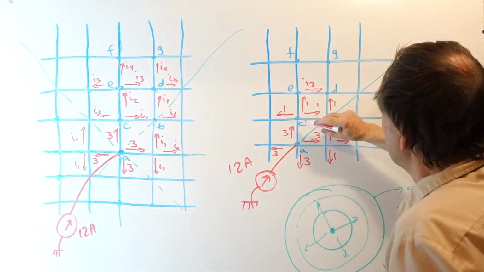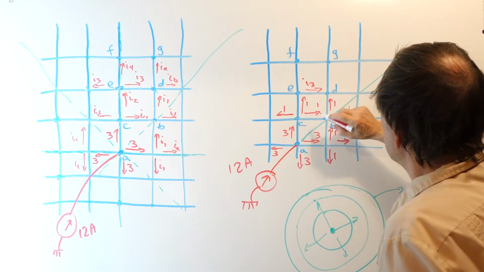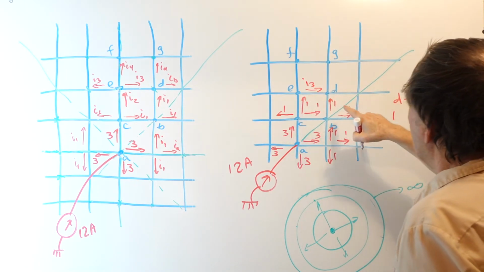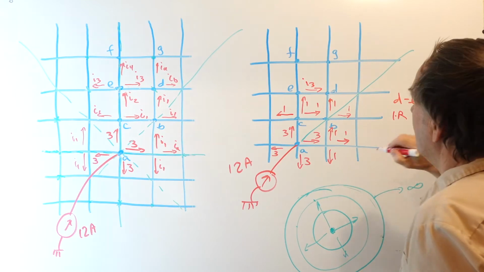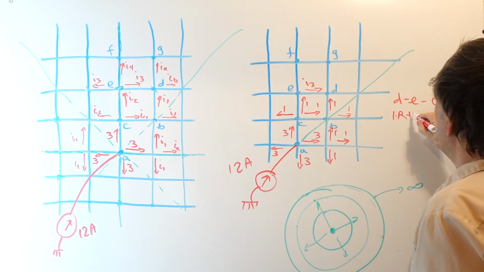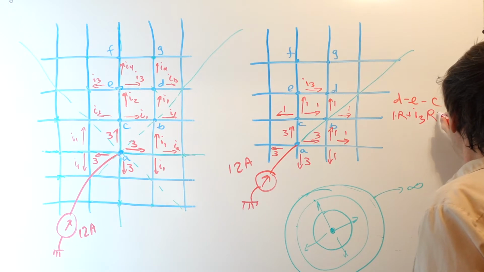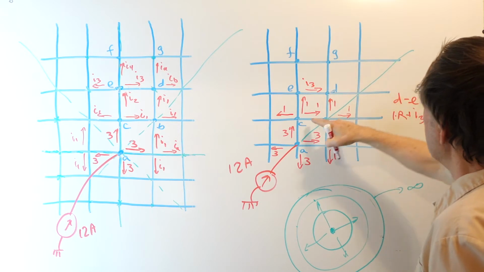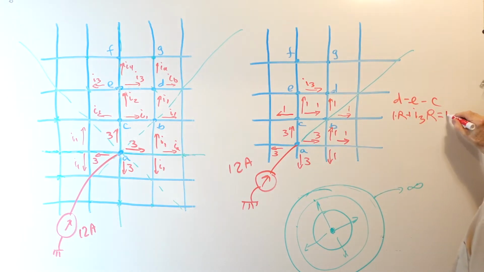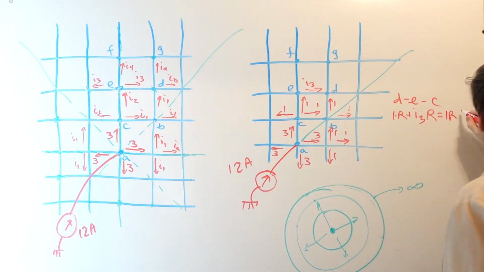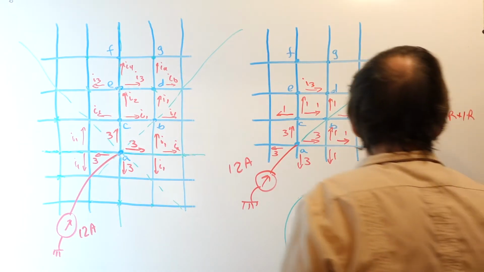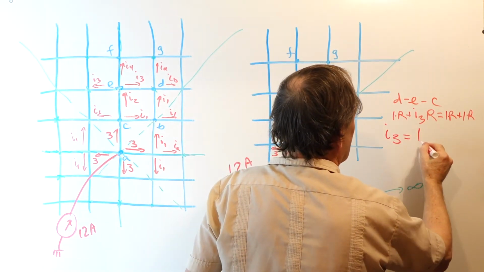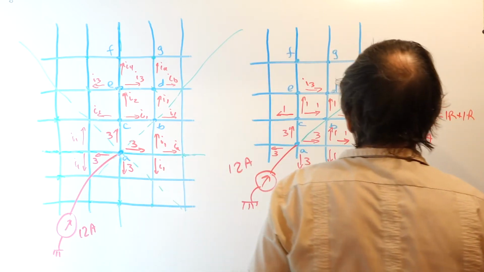So writing Kirchhoff's voltage law from C to D, we've got 1 amp times our resistance, let's just call it R, plus I3 times R, and that has to equal the potential going around counterclockwise, which is 1 times R plus 1 times R. So we see then that I3 is going to have to equal 1 ampere, solving this equation.